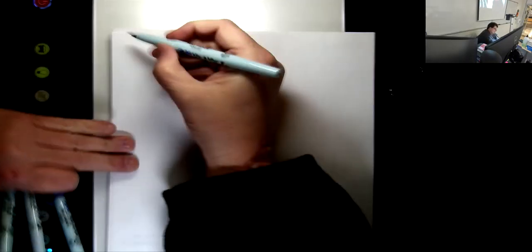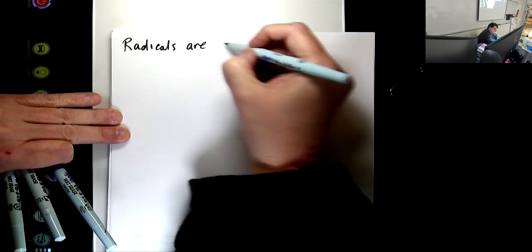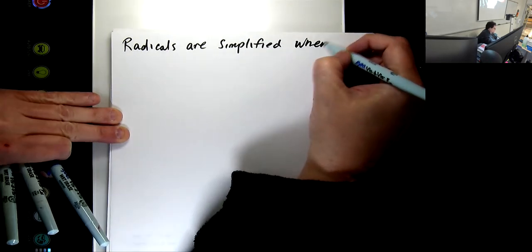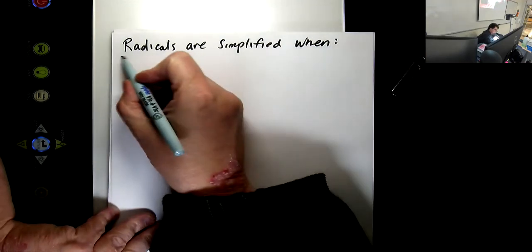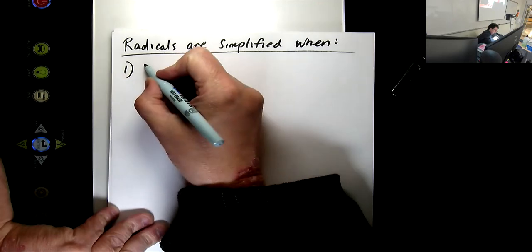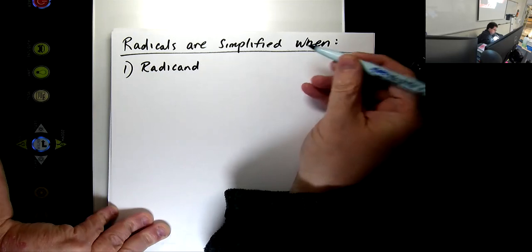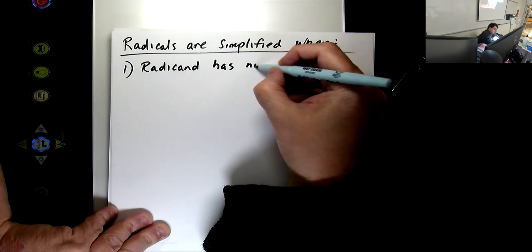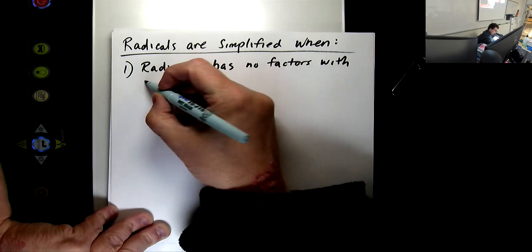Radicals and simplifying radicals. Radicals are simplified when, well, the first rule: the radicand, that's what's inside the radical sign, has no factors with exponents larger than the index.